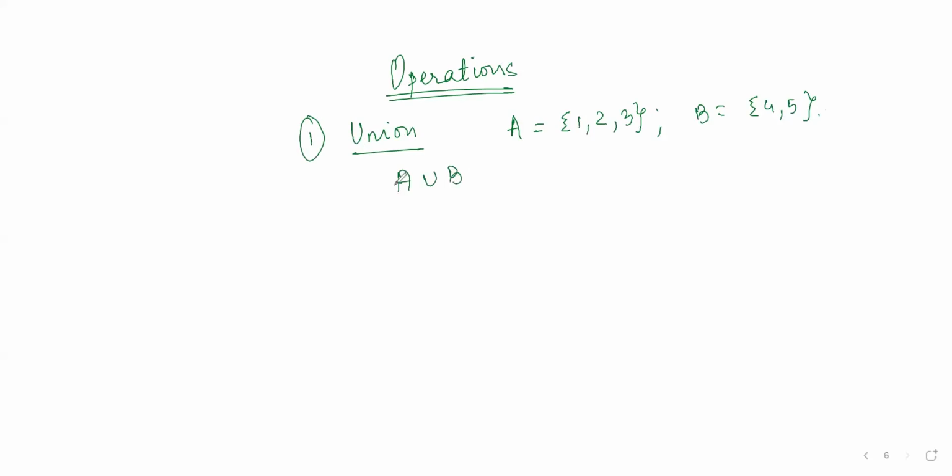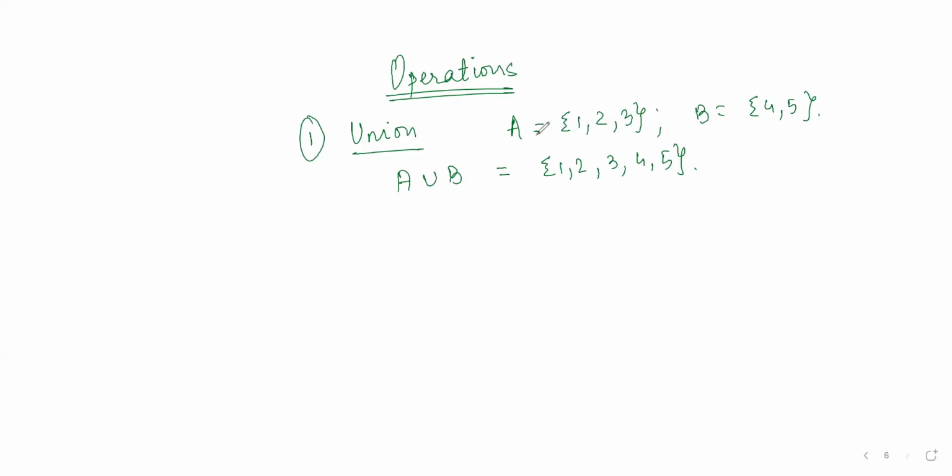A union B, this is how you give a notation, is 1 2 3 4 5. ठीक है, ये है पहला ऑपरेशन जो बोलते हैं यूनियन. यूनियन का मतलब है कंबाइनिंग एलिमेंट्स फ्रॉम टू और मोर सेट्स इनटू अ सिंगल सेट. और ऑब्वियसली a set is a collection of distinct objects, right? तो same objects इसमें नहीं आएंगे.